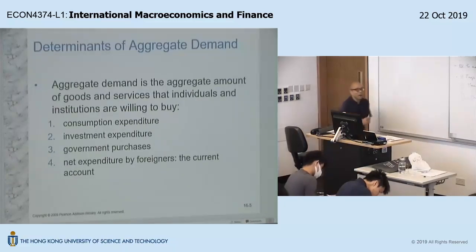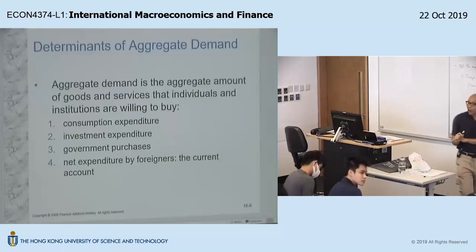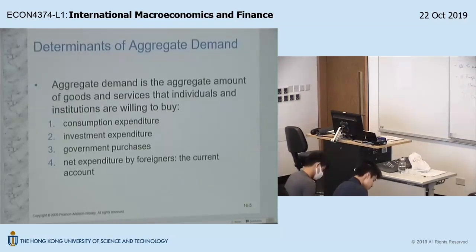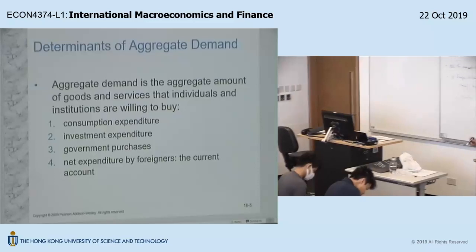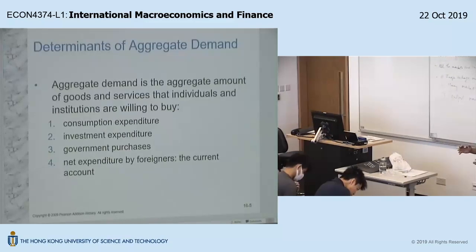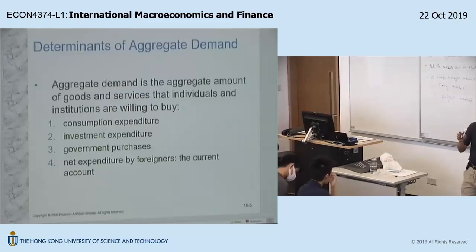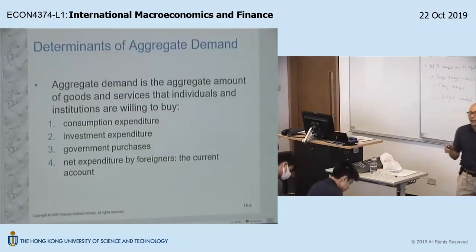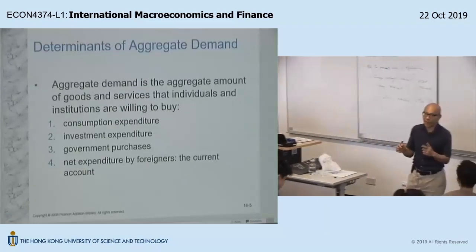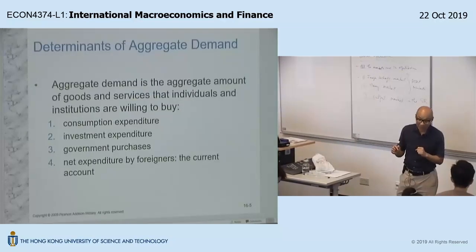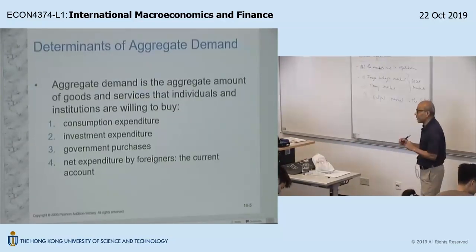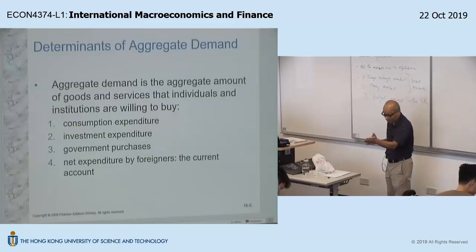We have to ignore a lot of effects, unfortunately, for the sake of simplicity, because we want to analyze the general equilibrium, so we have to make it really simple. We only assume that consumption demand is only affected by disposable income. We ignore the effect of the real interest rate.